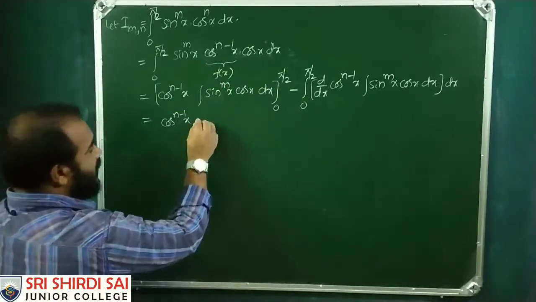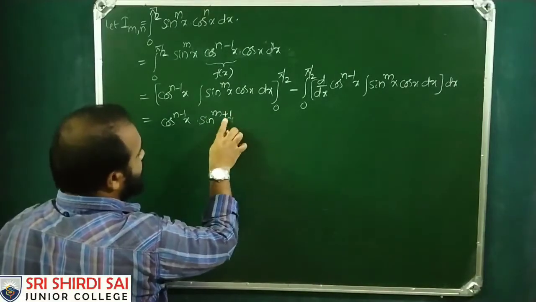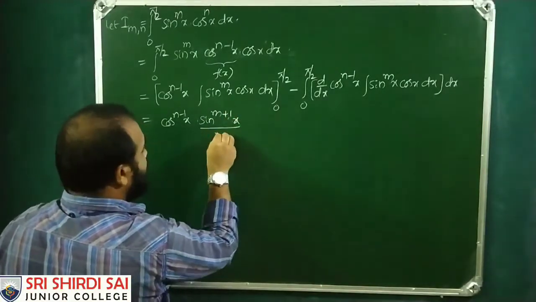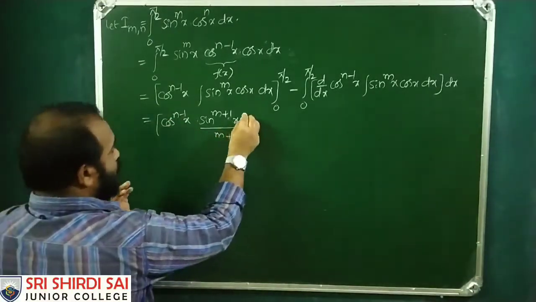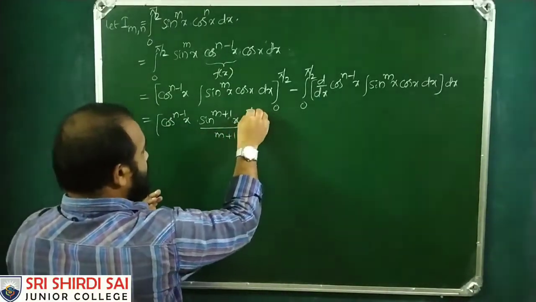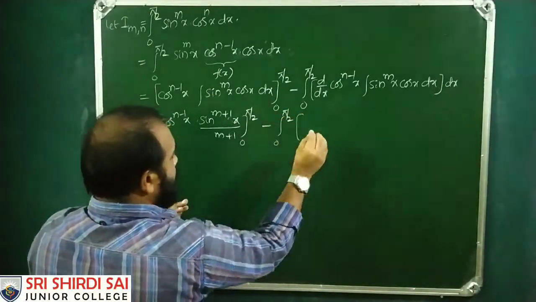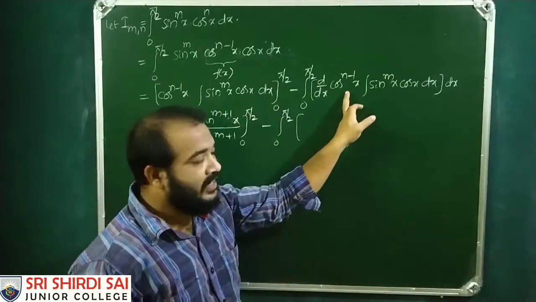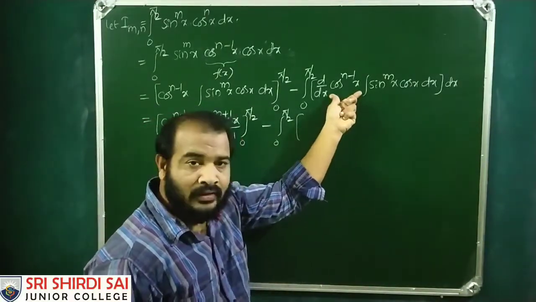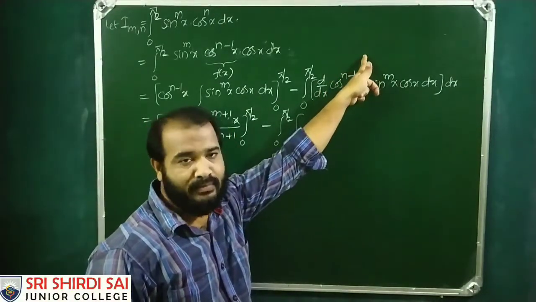So this is sin power m plus 1 x by m plus 1, and the process of integration is over. So 0 to pi by 2 is to be written here, minus integral of 0 to pi by 2 d by dx of cos power n minus 1 x, which is to be treated as cos x whole power n minus 1.